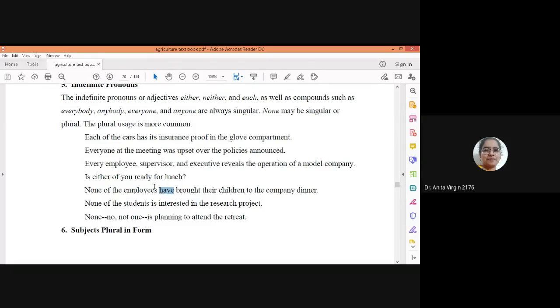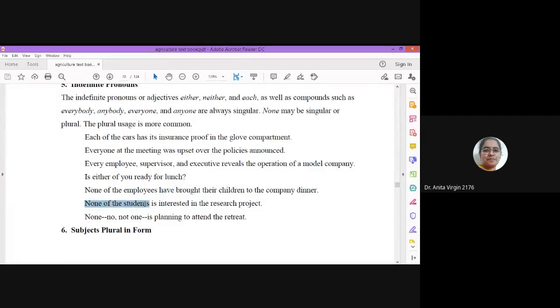So that is how we use it. Okay, I think earlier I gave it as singular. It is plural actually. They will go along with "have". You also will go along with "have". So here again, employees is plural, so it goes with "have".